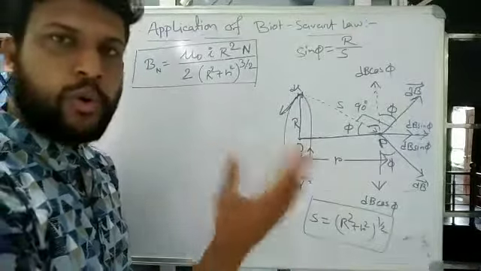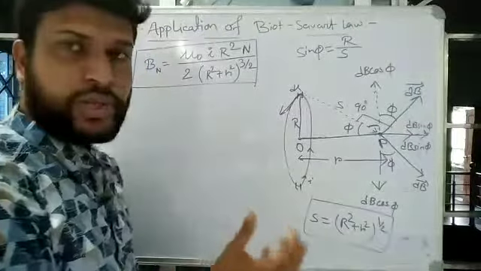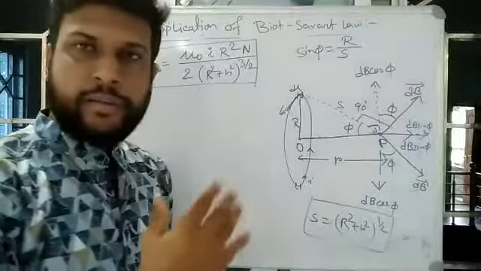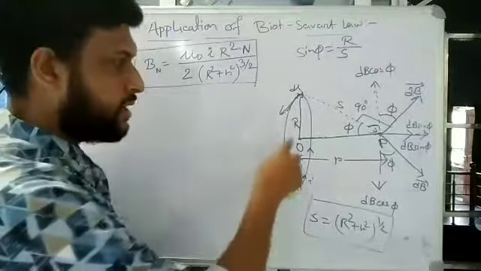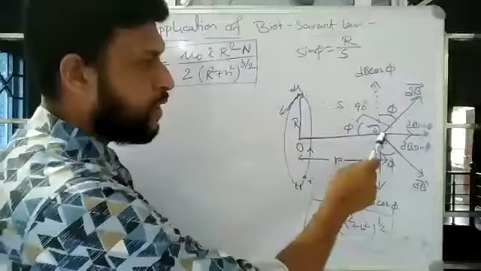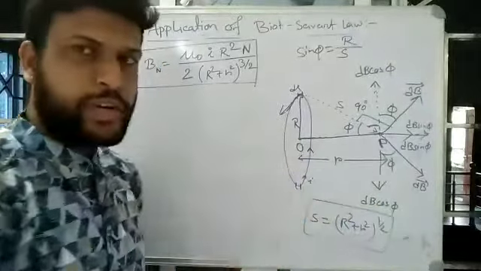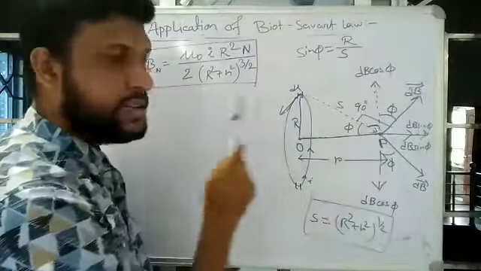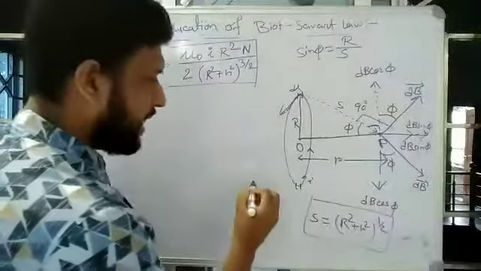If we want to go back to that derivation from this expression, how can we go? The earlier derivation was about the point which was at the center. If you want to bring this point P to the center O, you need to make r equal to 0.